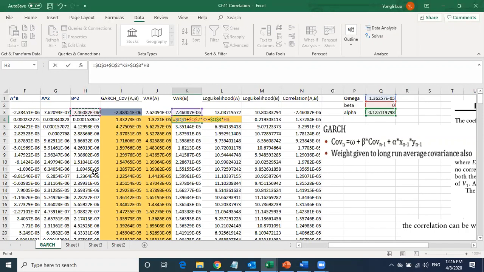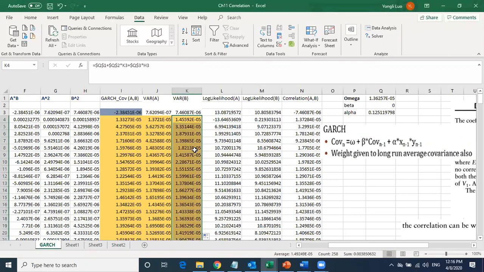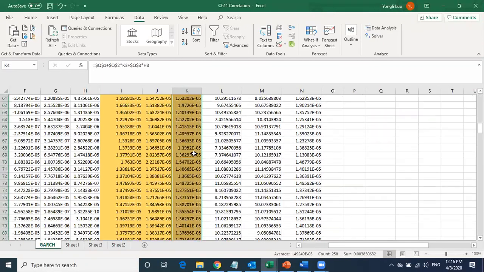So that's the variance of asset B, and then you double click, so you get all the variance.